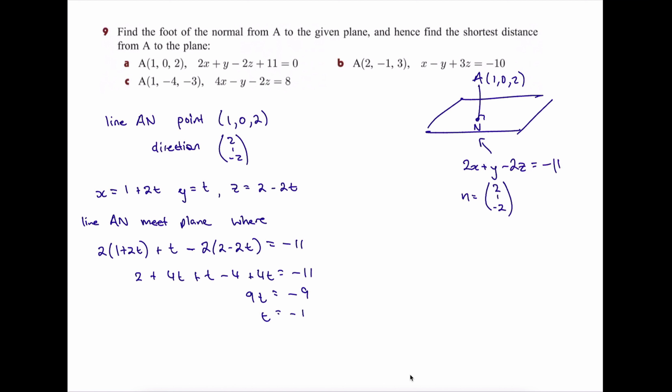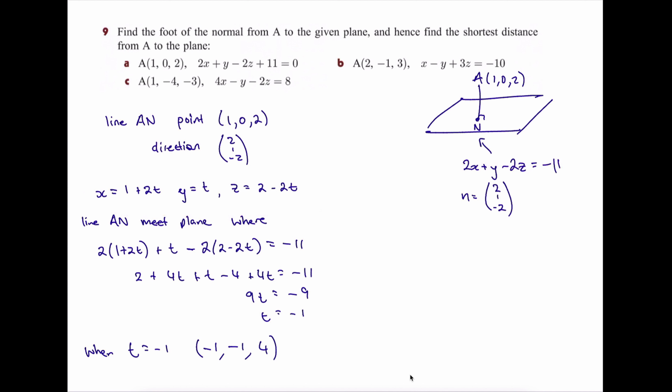So we substitute that back in to our original parametric equations there. Okay, so when t equals -1, the coordinates are going to be 1 plus 2 lots of -1, so -1, and then -1 substituting in, and then 2 take 2 lots of -1, which is 4.